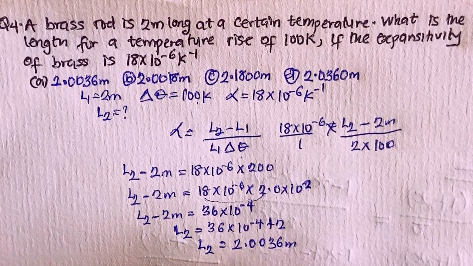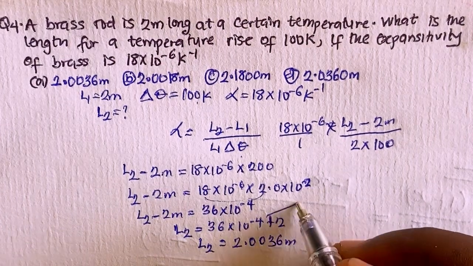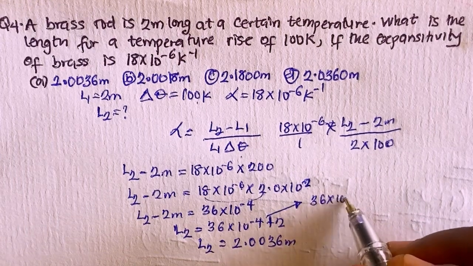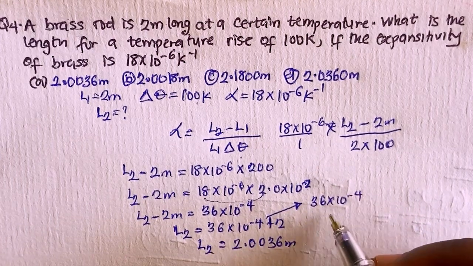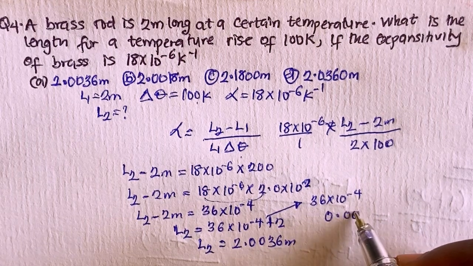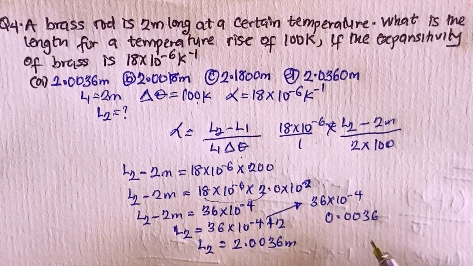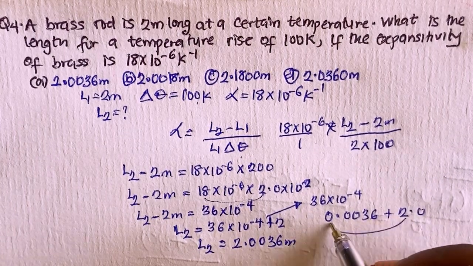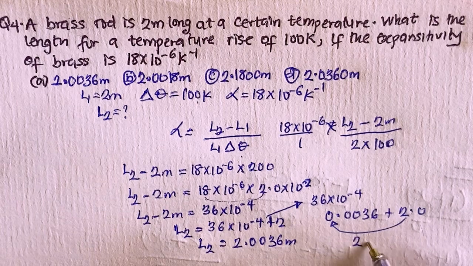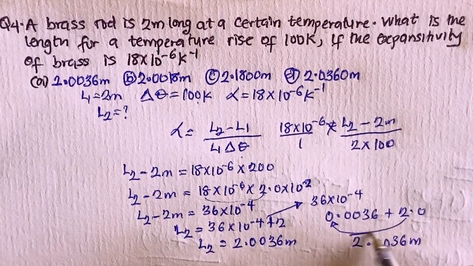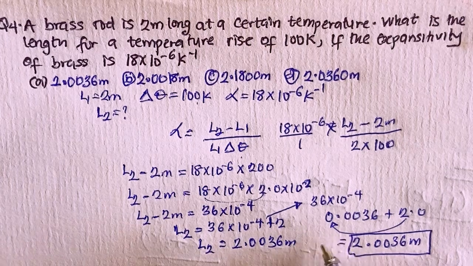Because we can simply express our 36 times 10 raised to the power minus 4 as 0.0036, then plus 2, which is 2.0036 meter. So this is our new length, L2, right?